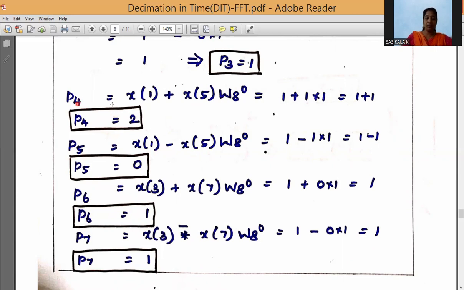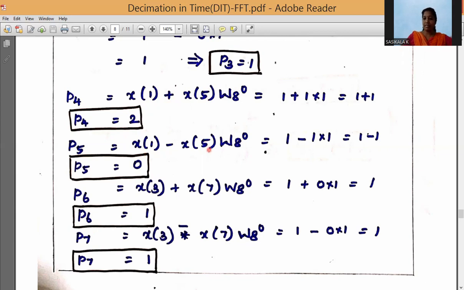Okay, so substitute P4 is equal to X of 1 plus X of 5 into W8 power 0, which is 1 plus 1 into 1, because X of 1's value is 1 and X of 5's value is 1 and the twiddle factor's value is 1. So 1 plus 1 into 1 is equal to 1 plus 1. So P4 equal to 2. And P5 has the same inputs, X of 1 and X of 5, but here the plus is replaced by minus.